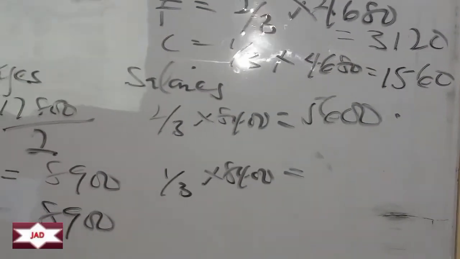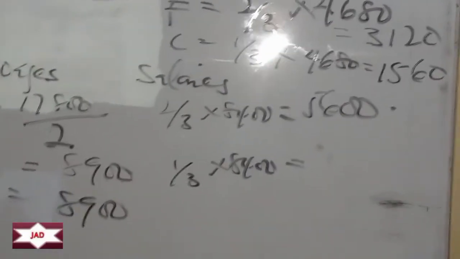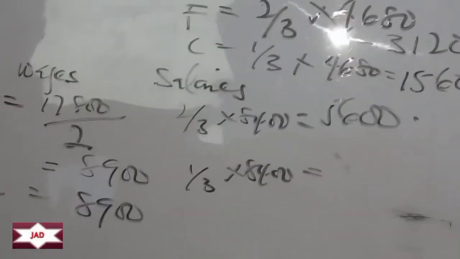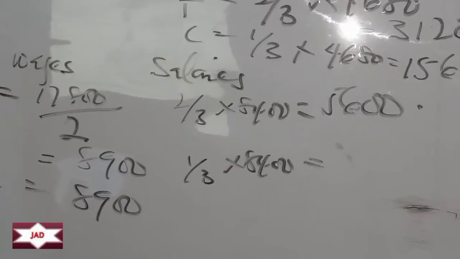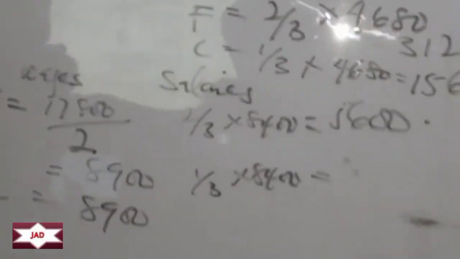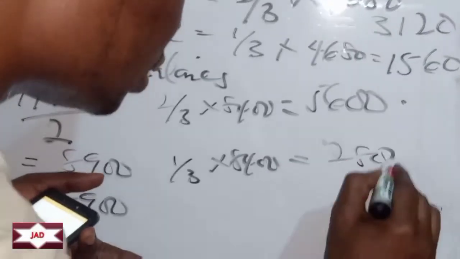So C here will be 1 divided by 3 times 8,400. That will be equal to 2,800.